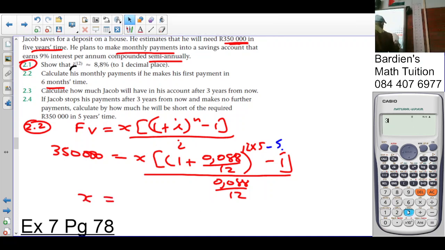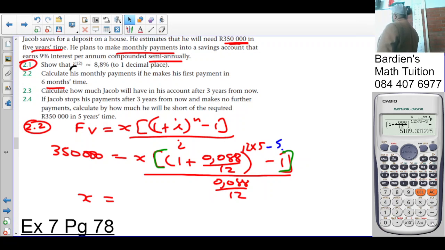So it's 350,000 times 0,088 over 12, and this is all over this factor here, which is open brackets 1 plus 0,088 over 12, to the exponent 12 times 5 minus 5 minus 1.